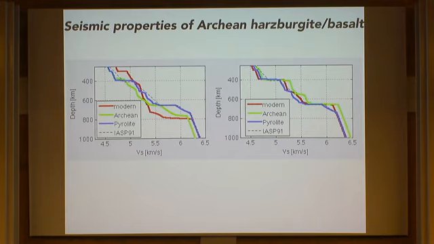So what you see here is the PREM, that's the dashed line. You also see the parallax in blue. You see the calculation for the modern basalt, that's the red line. You see the calculation for the Archean basalt, which is this one.